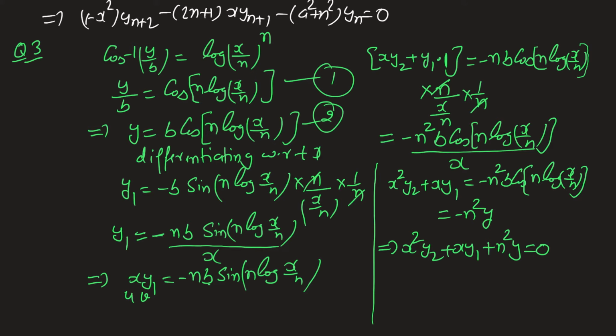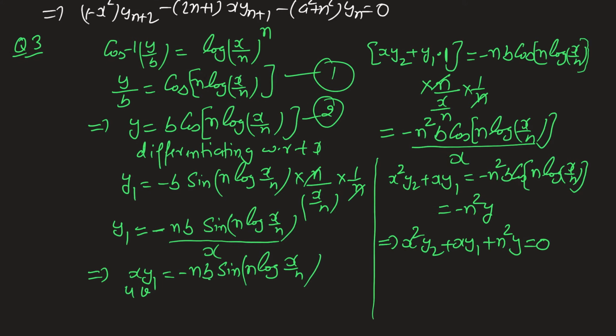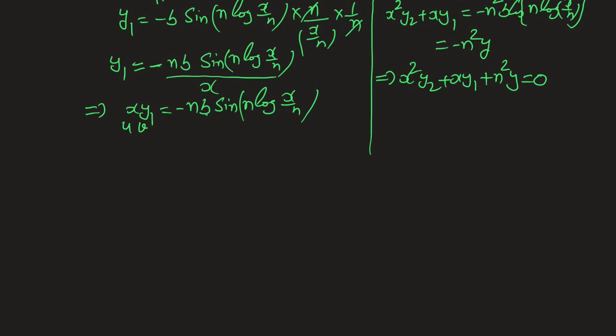Now you have to apply the Leibnitz theorem upon this one. So now I am going to apply the Leibnitz theorem and differentiate this successively n times with respect to x. What will we get? You know the nth order derivative of this one. This is u, this is v.